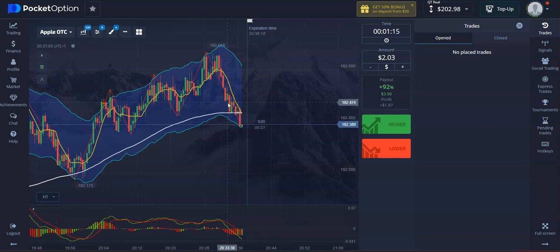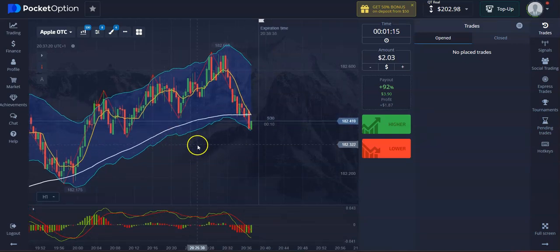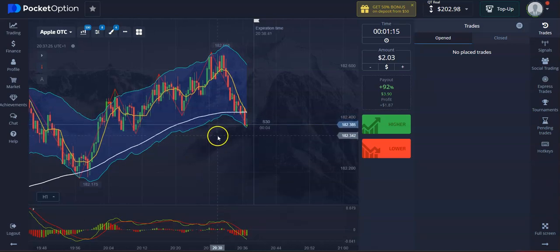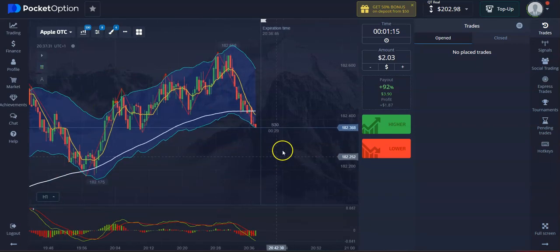If it breaks below, then this trade is no longer valid, because I was expecting the price to come over here to the 100 EMA and bounce back up, so I could ride the price on the way up. But if that's not going to happen, then I will have to look for a different price chart.